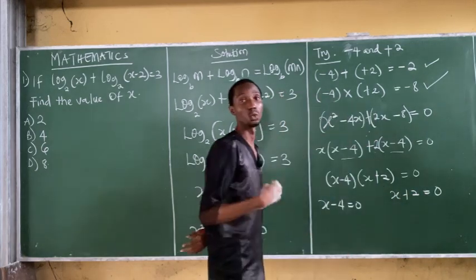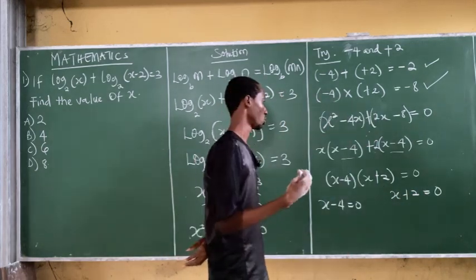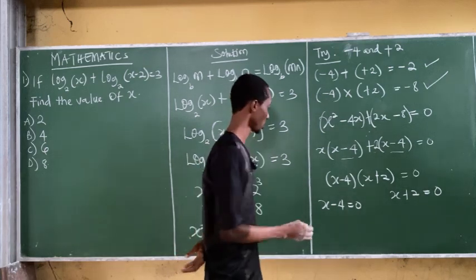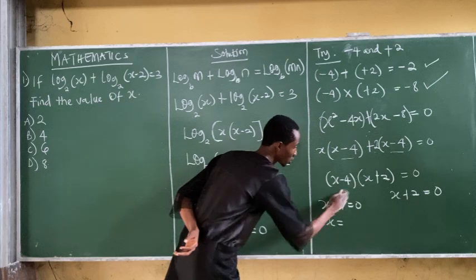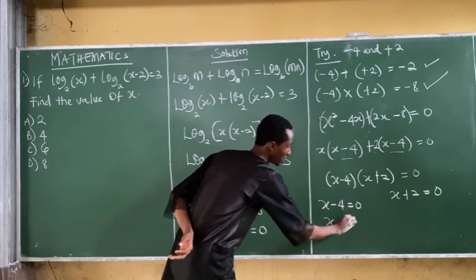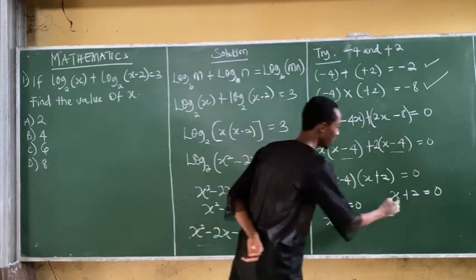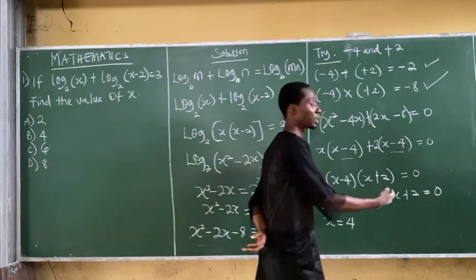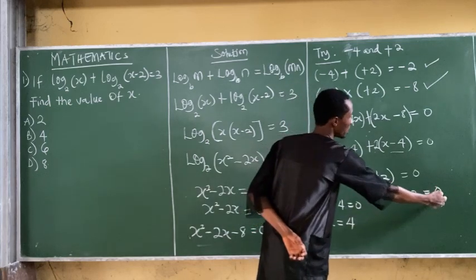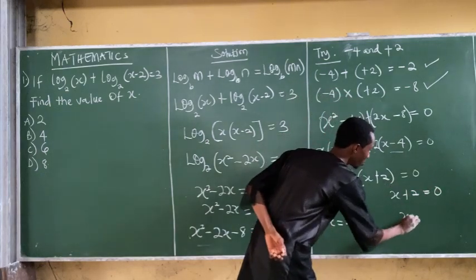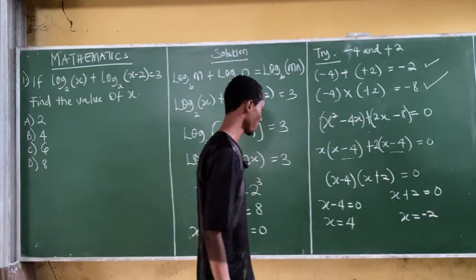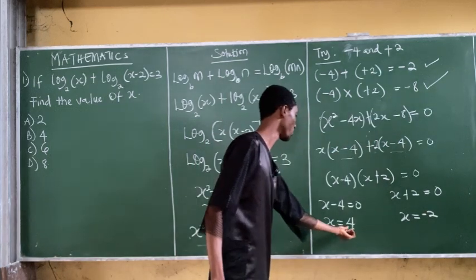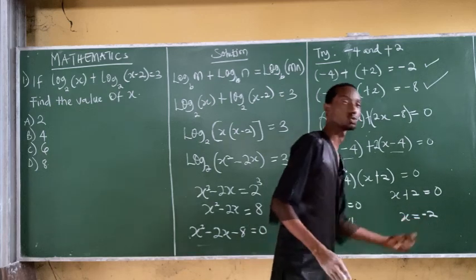Don't forget, in a quadratic equation, after solving, you must have two values for x. If we make x the subject of the formula here, the minus 4 crosses the equality sign and becomes positive. And here, plus 2 crosses the equality sign and becomes negative. Now, we have x to be 4 and x to be minus 2.